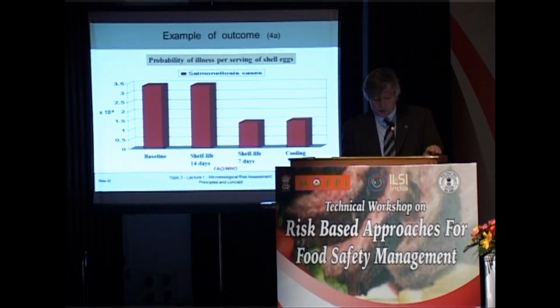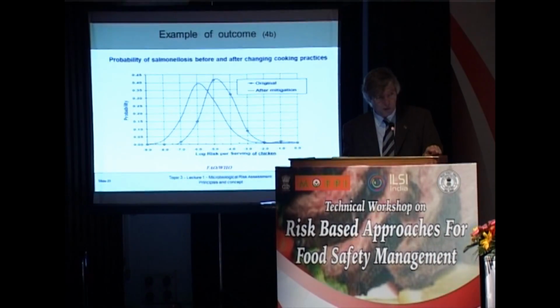Other outcomes could be, for instance, a view of how shortening shelf life or lowering temperature could mitigate salmonella risks in eggs. Compared to the baseline shelf life of 14 days, half that shelf life or lower temperature could reduce salmonella risk by half or more. So you get a sense through these exercises what controls would give you what outcome.